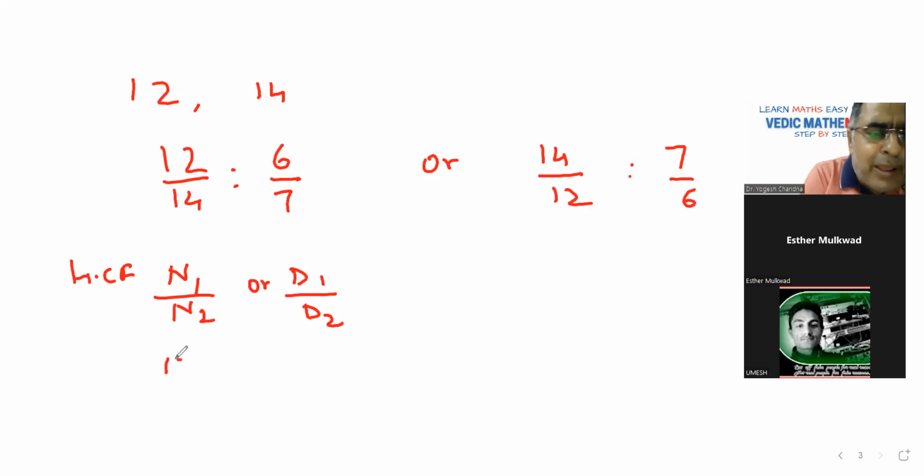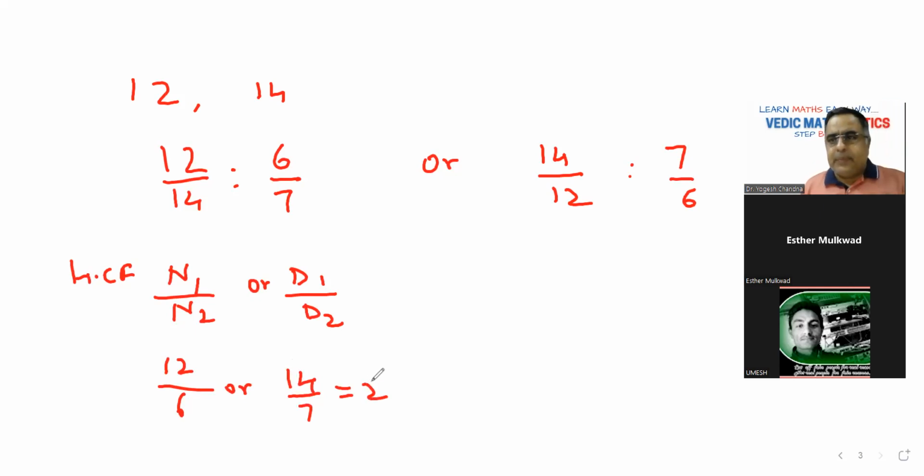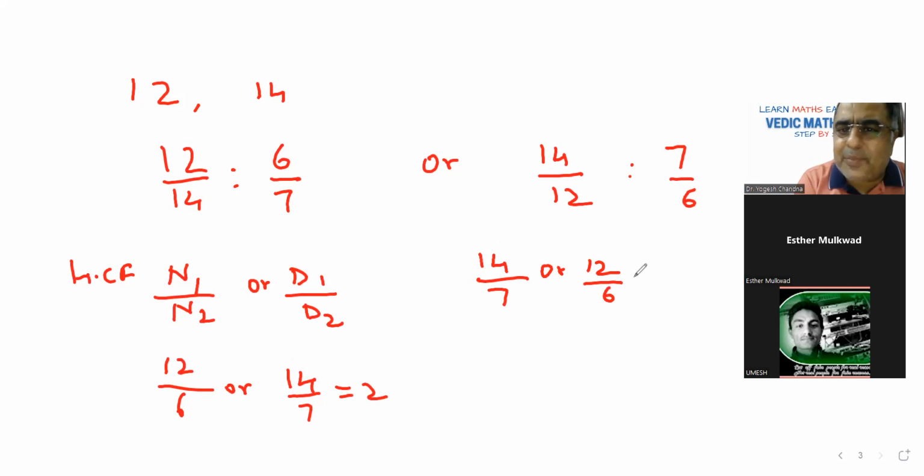So it can be 12 by 6 or 14 by 7, that is equal to 2. Here also the format is different because you have taken different numbers. So 14 by 7 or 12 by 6, here also same, again 2. So it will remain the same.